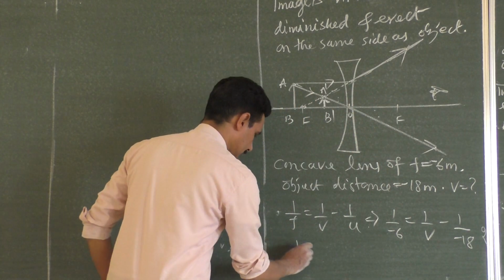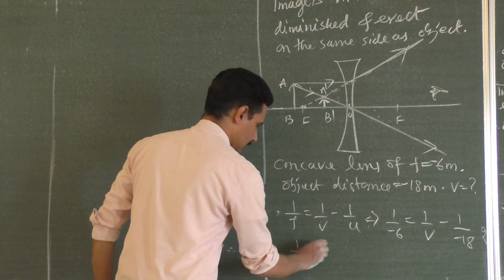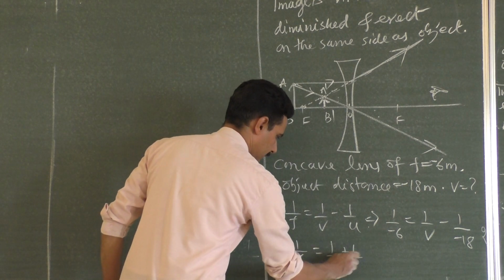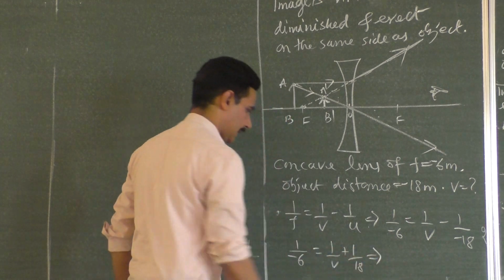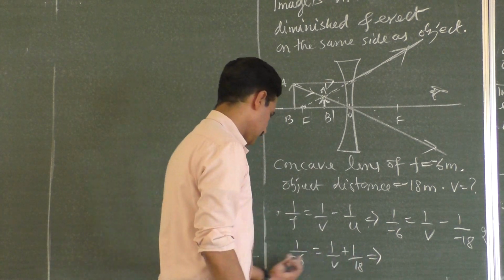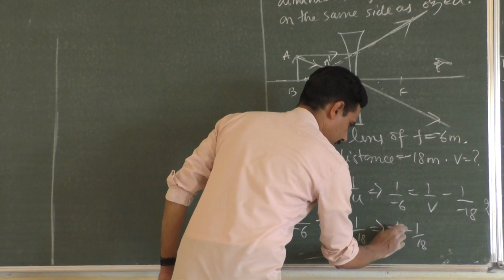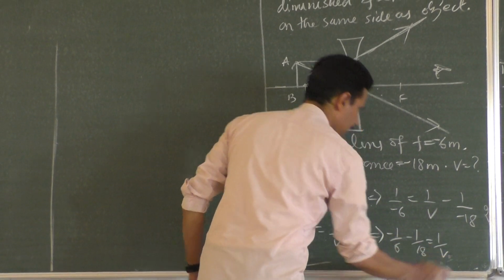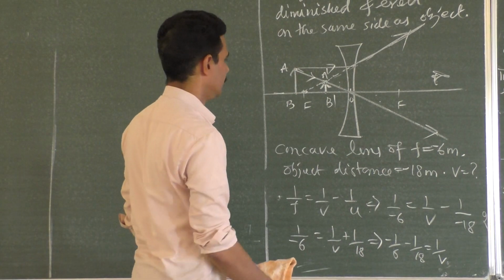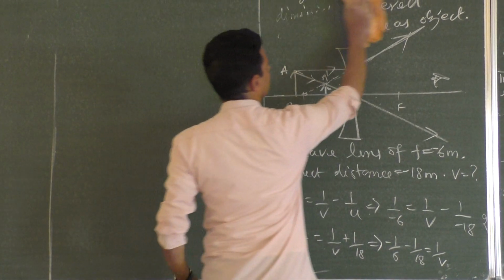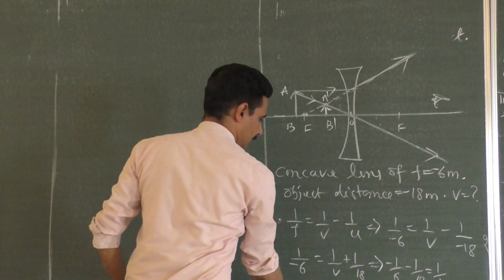1/(-6) = 1/v + 1/18. That implies, I will bring this 1/18 here: -1/6 - 1/18 = 1/v. I will put it here. Right?